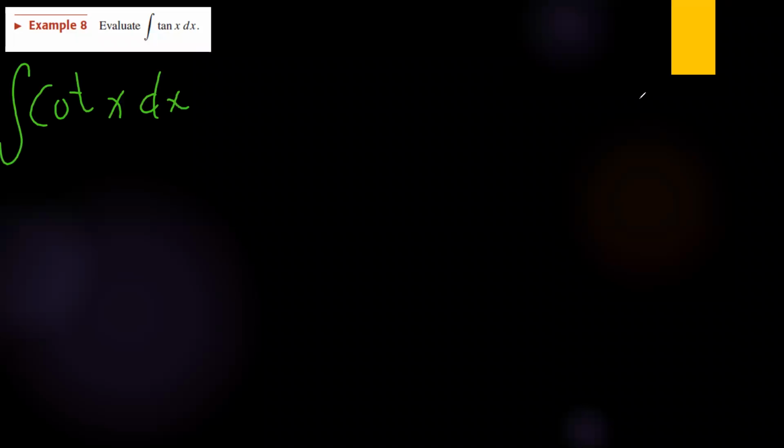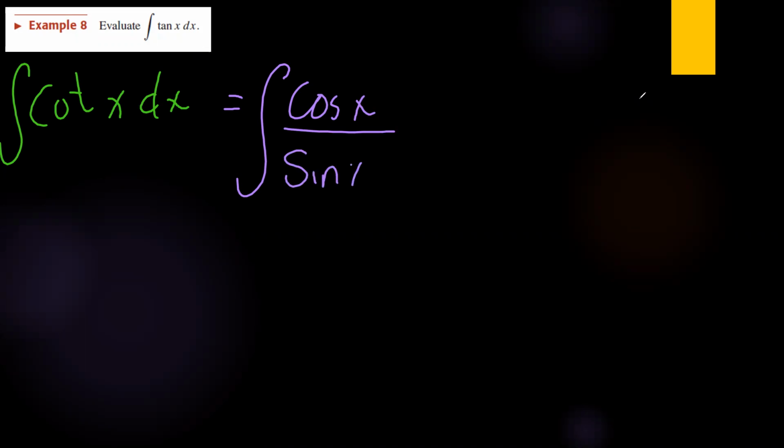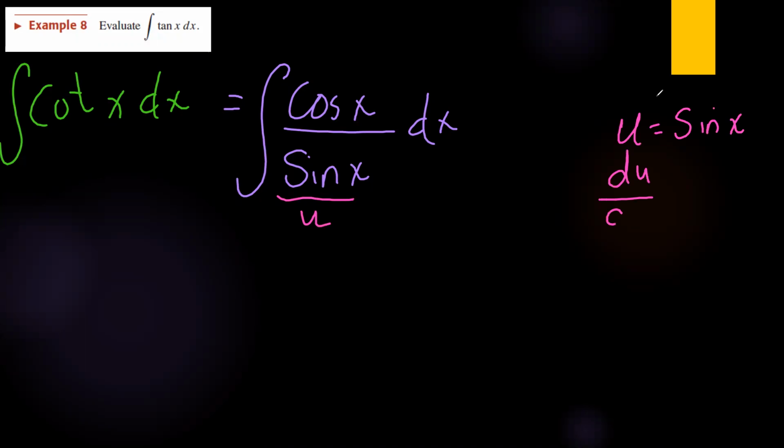For the integration of cotan here, we know that cotan is 1 over tan or cosine over sine. So let's write it as cosine x over sine x dx. Then we assume that this is u. So if u is sine x, du over dx will be, what's the integration of sine? It is cosine.